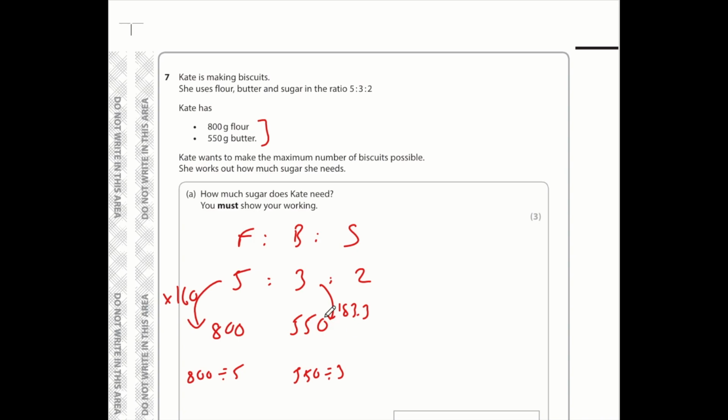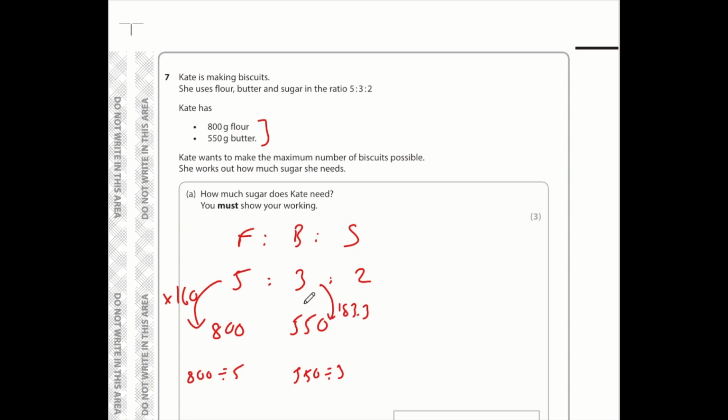So what this means is that the flour is what's going to limit the production of these biscuits, because we can only scale up this ratio 160 times. We can scale the butter bit up more, but then that would mean our recipe would not work because it would be too buttery, not enough flour.